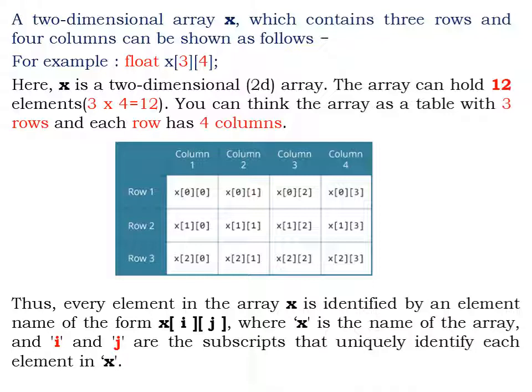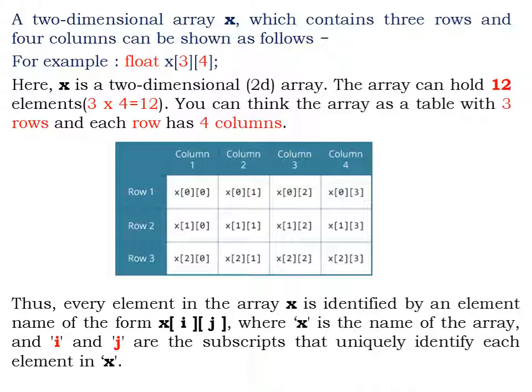Thus every element in an array x is identified by an element name of the form x of i and j, where x is the name of the array and i and j are the subscripts that uniquely identify each element in x.